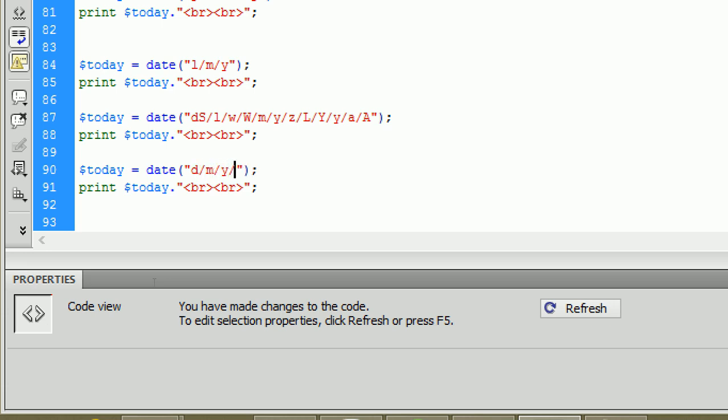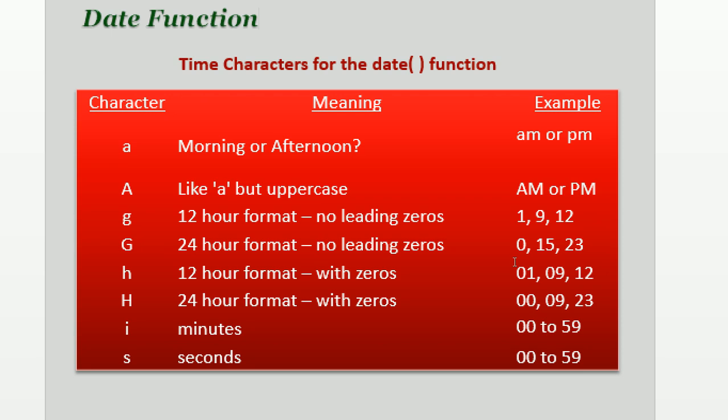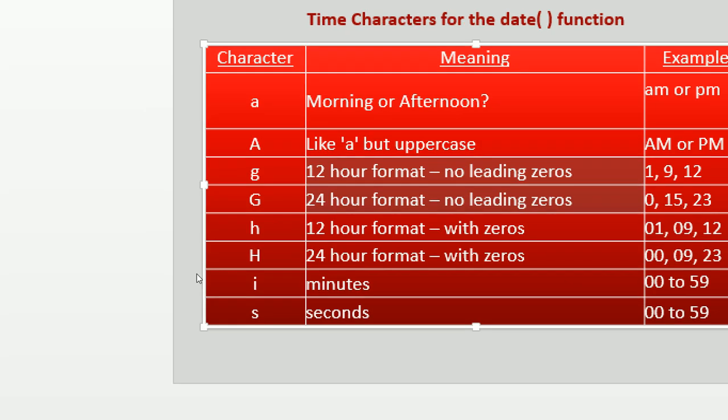So in this I am writing date/month/year/ the capital H/, capital H slash. H is for the hours. Clear? Hour format, okay? So this will show you with the 0, and G will show you no zeros.